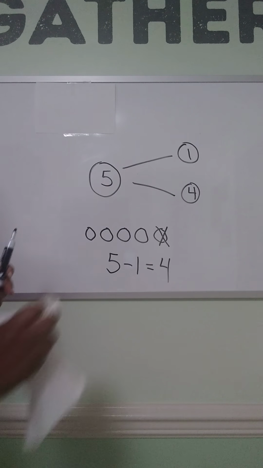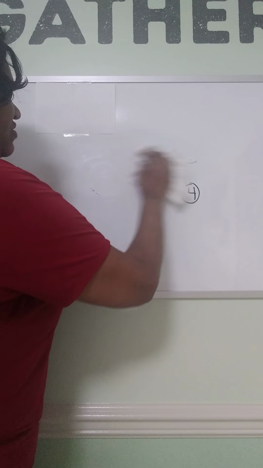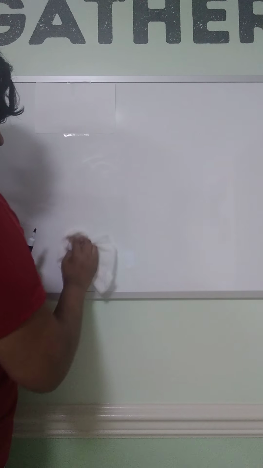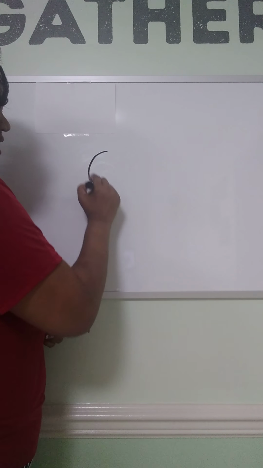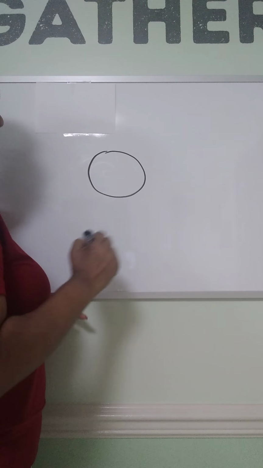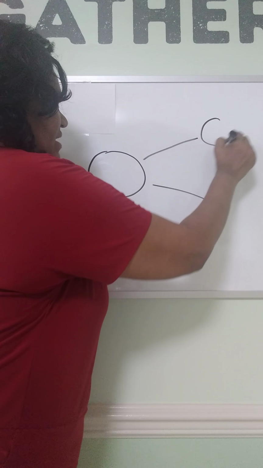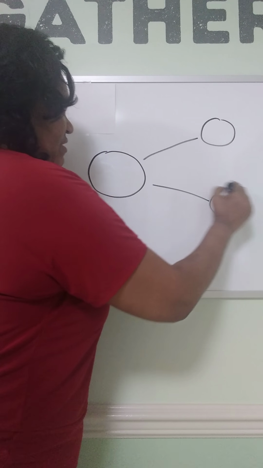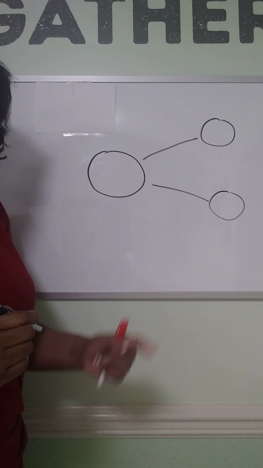We're going to do just a couple more problems so you can see how we're doing it. Remember, let's draw our number bond. And then let's put in our part numbers, at least the circles for our part numbers.